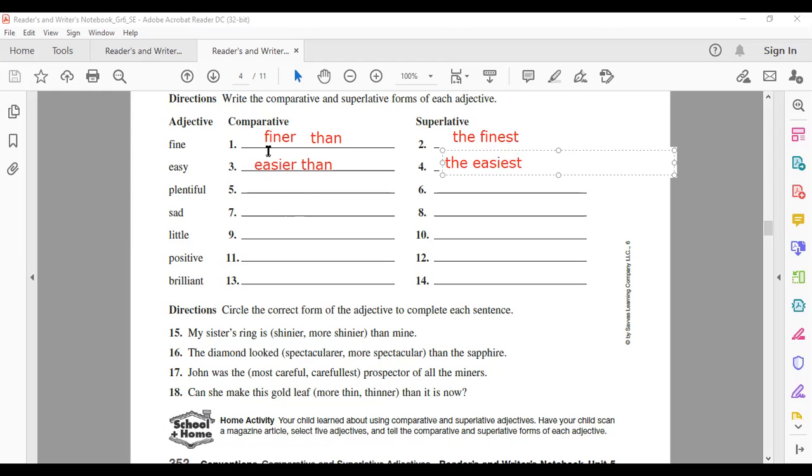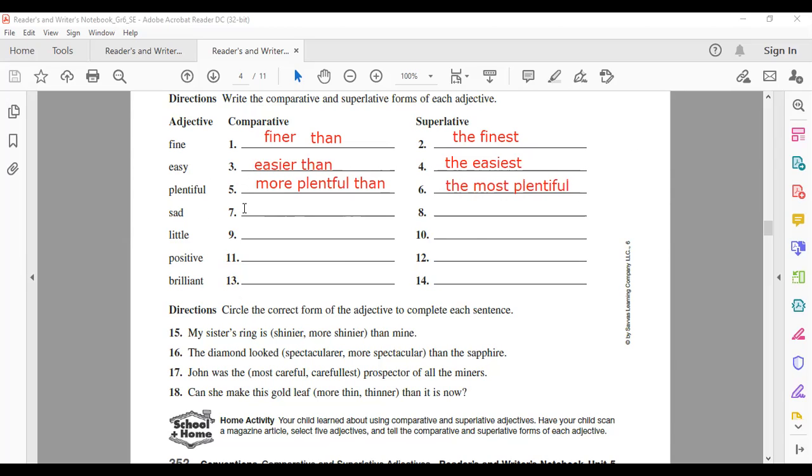Plentiful. More plentiful than. Very good. And this one, superlative. The most plentiful. Excellent.